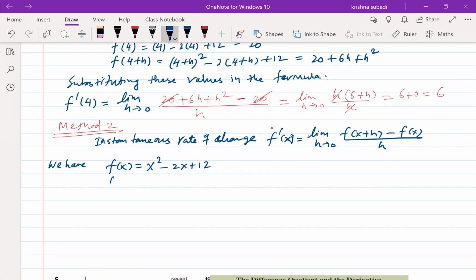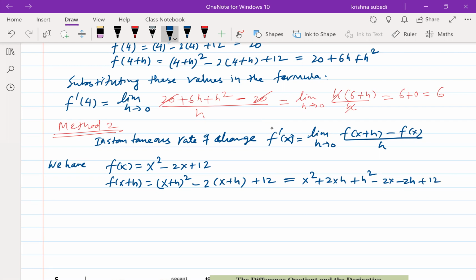If f of x is this, then f of x plus h will be x plus h squared minus 2 times x plus h plus 12. If you simplify this, you're going to get x squared plus 2xh plus h squared minus 2x minus 2h plus 12.